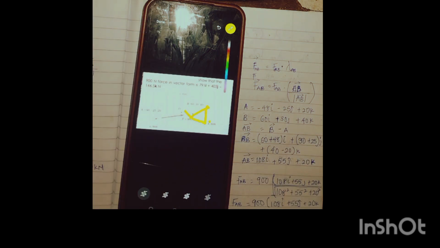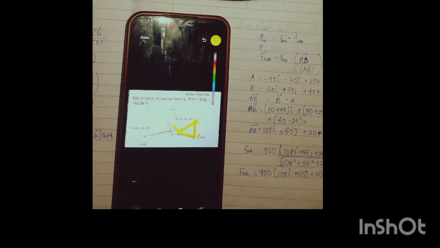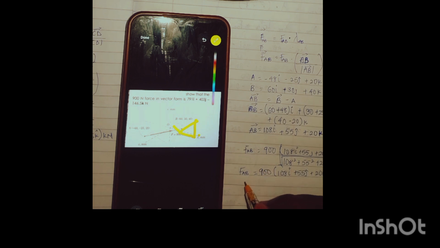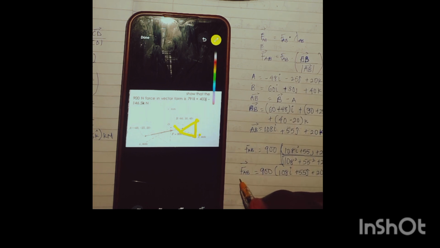I've adjusted this for us to be able to solve it. So that means we'll be having F of AB along AB to be equal to this over our answer, which is 122.83.